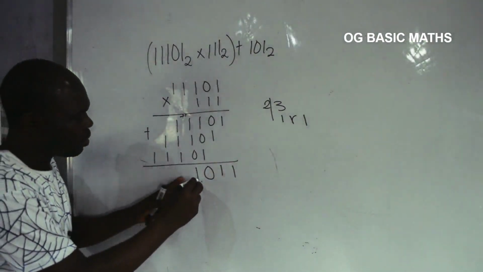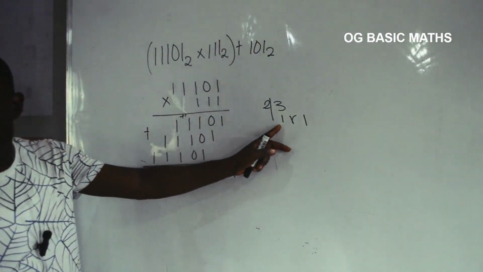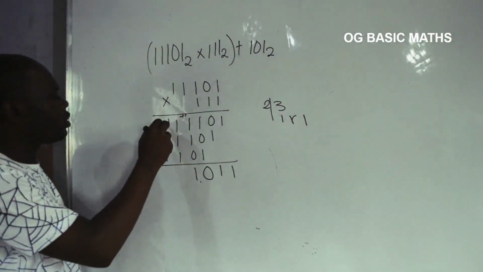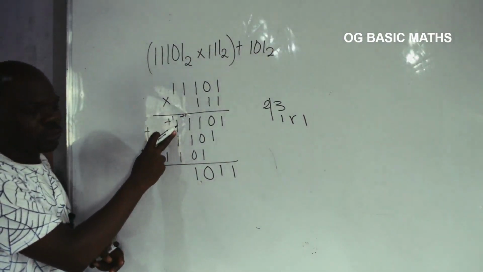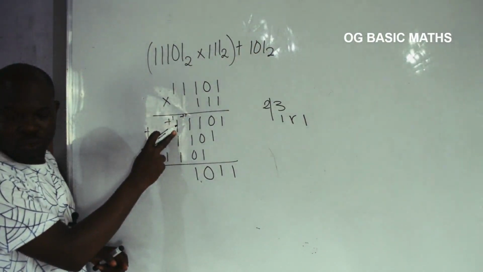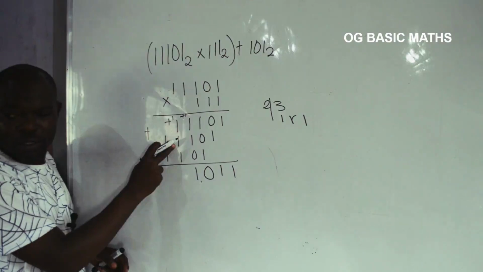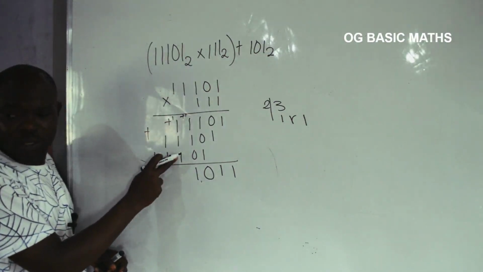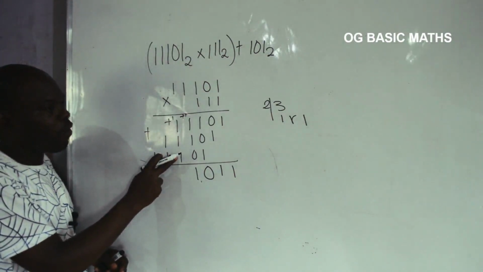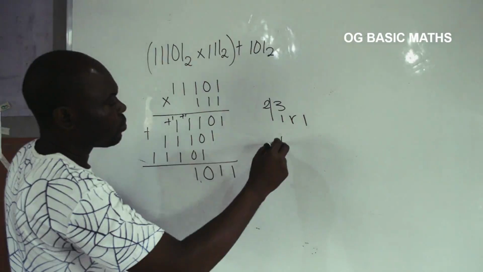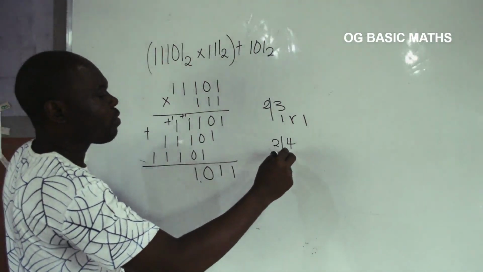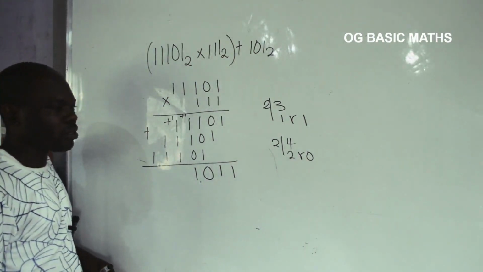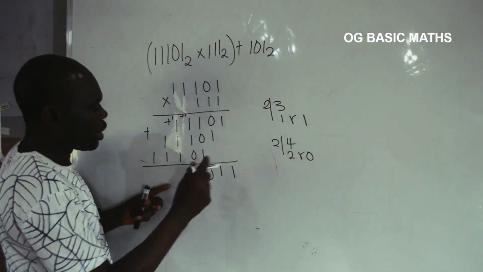This whole number you get as 1, you carry it to this side and add it to this place. 1 plus 1 is 2. 2 plus 1 is 3. 3 plus 1 is 4. So you have 4 here, you divide it by 2. You have 2 remainder 0. You put the 0 here.